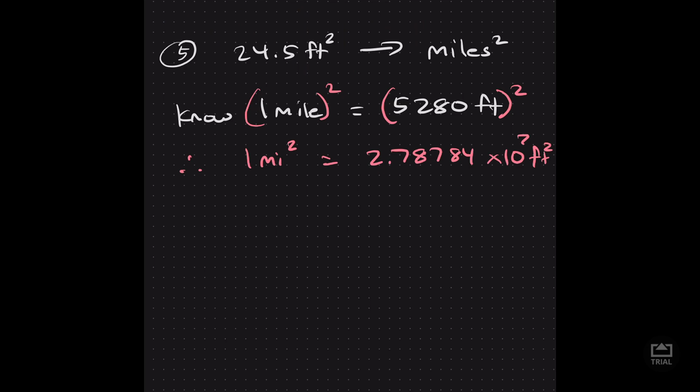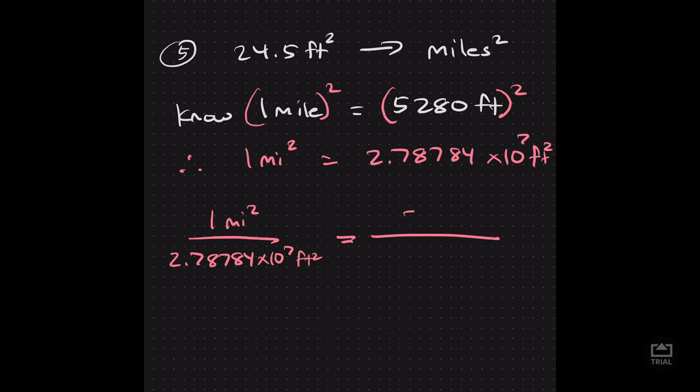Set up my ratio. So 1 mile squared is 2.78784 times 10 to the 7 feet squared. Make that equivalent to a fraction with miles is what we're going to. So that's going to be the x up top here. And I already knew the feet squared was 24.5 feet squared. And we're going to cross multiply.